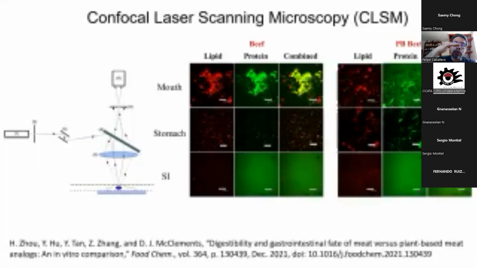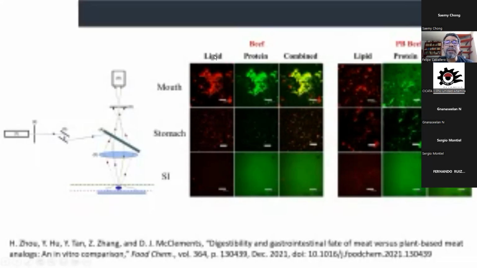You use some fluorophores that absorb differentially on the different structures of the meat, the cells and the fibers, etc., so they impart different colors. For example, here we have two confocal micrographs: the left one is beef and the right one is plant-based beef.